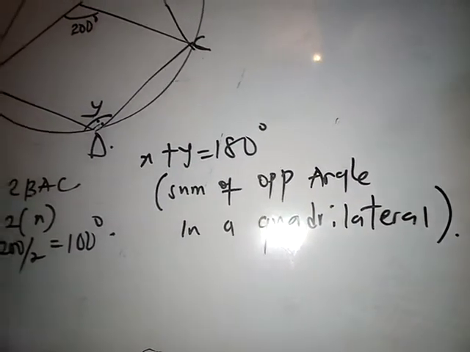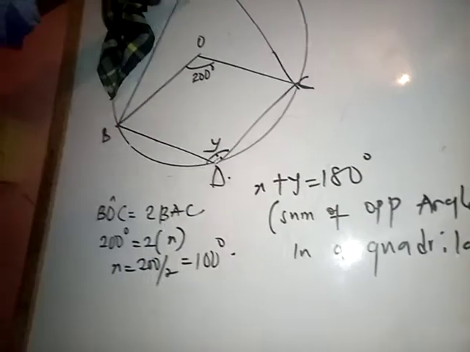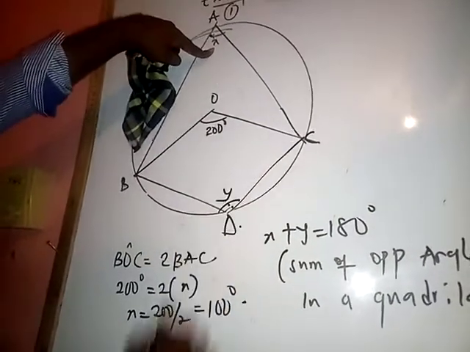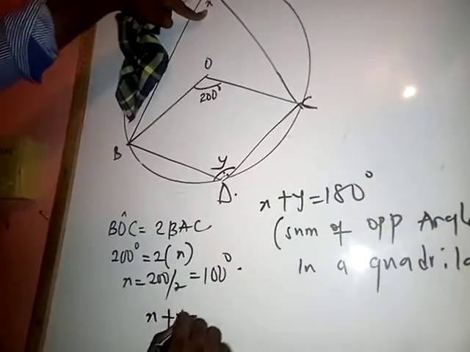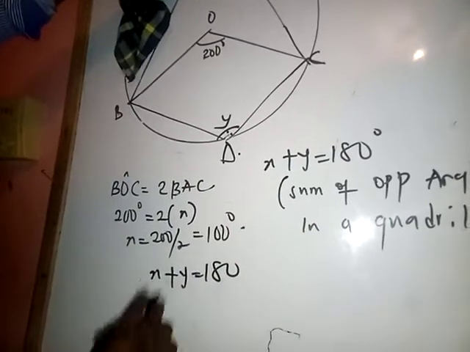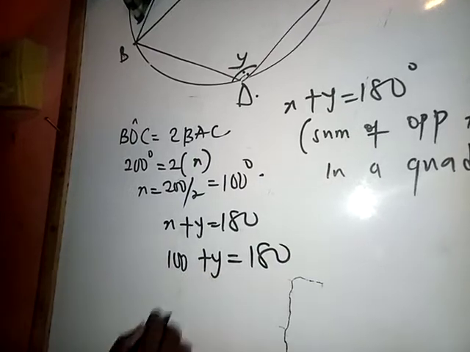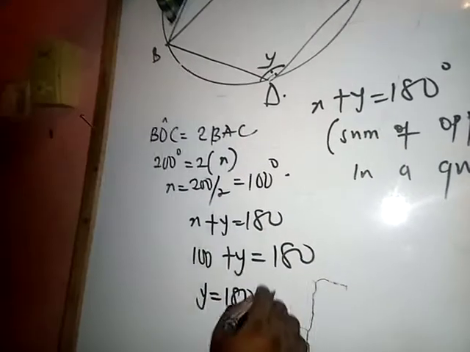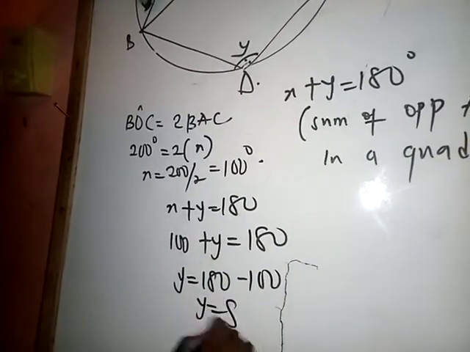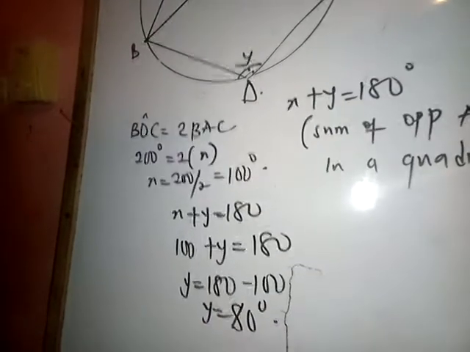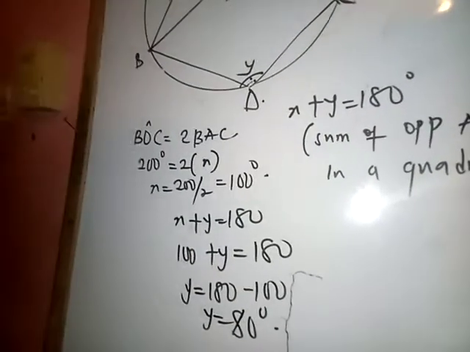So that's the shortcut. If here is 100, what will be here? But x plus y is equal to 180. What is my x? 100 plus y is equal to 180. Therefore, y is equal to 180 minus 100, which is 80 degrees. Are we there? So guys, you copy this in your note now and we continue.